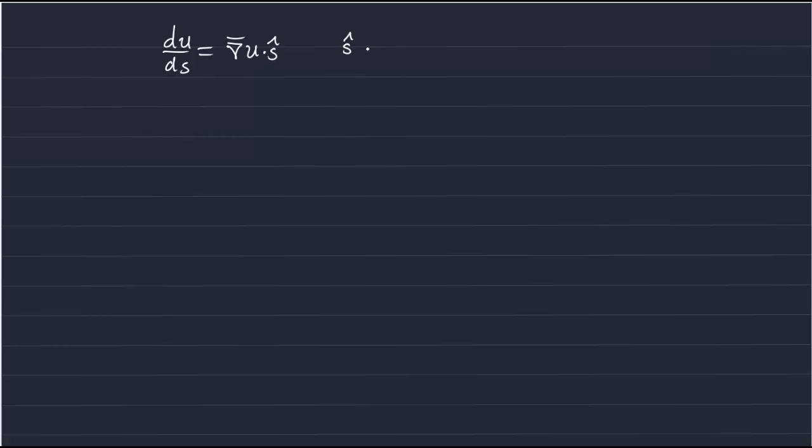S hat can be a unit vector in any direction. And the product of S hat with the gradient of u tells us how quickly u is changing in that direction.